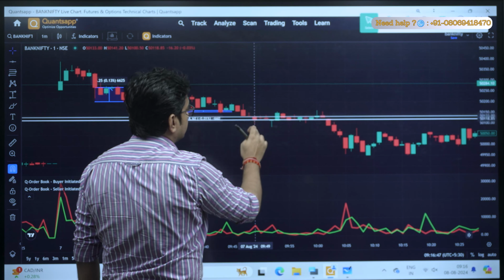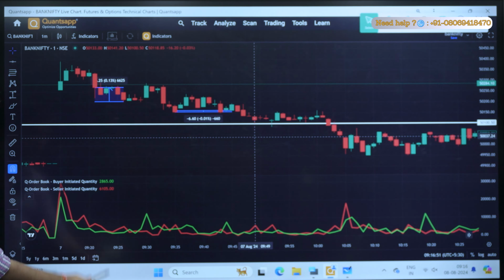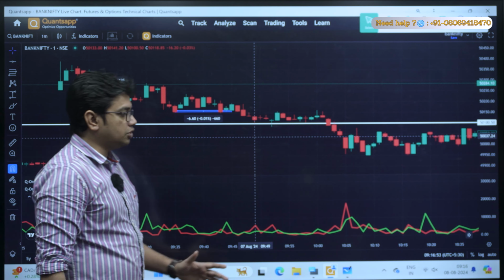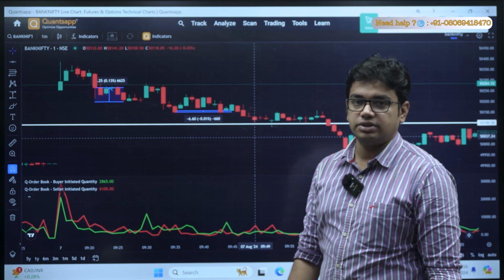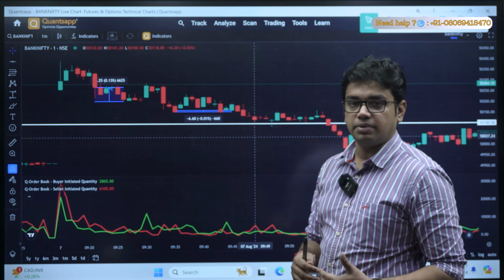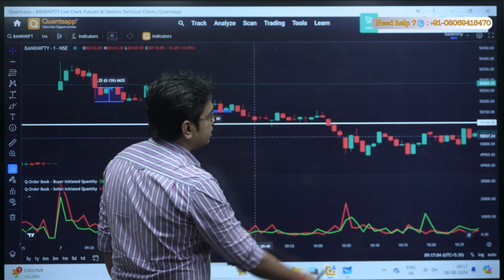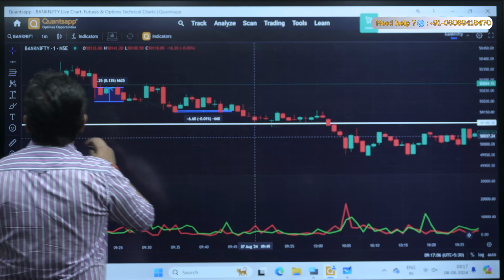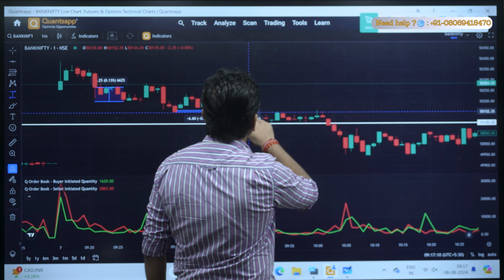The third one is over here, because on this particular candle you can see the sellers are 6,105 and the buyers are 2,865. So it is twice the number. Now I will wait for the breakdown. You can see the breakdown happened over here.